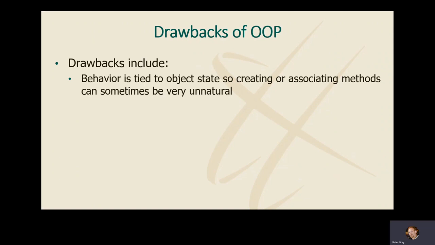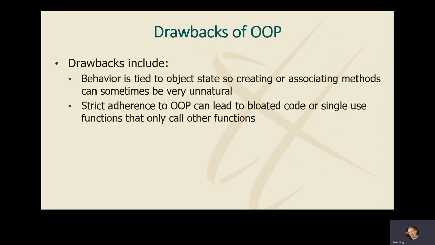Well, that makes sense. That absolutely makes sense. But then there are other times where you have to associate with an object that makes no sense because it has to in a purely object-oriented language. Strict adherence to object-oriented programming can lead to bloated code or single-use functions, single-use methods. See, even there, sometimes I slip up.